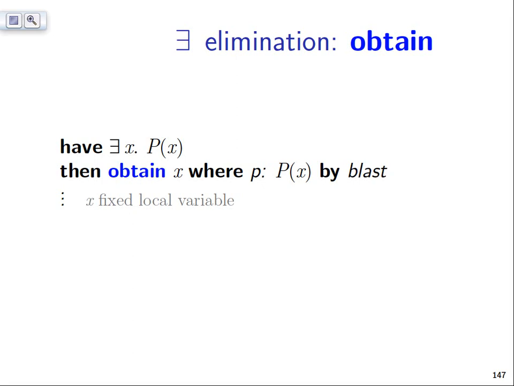In the simplest case, you just have an existential statement, and from that you want to continue. When you write a proof in mathematics, often people don't even explain this, even in introductory courses: on one line you have an existentially quantified statement, and on the next line you've suddenly dropped the existential quantifier.